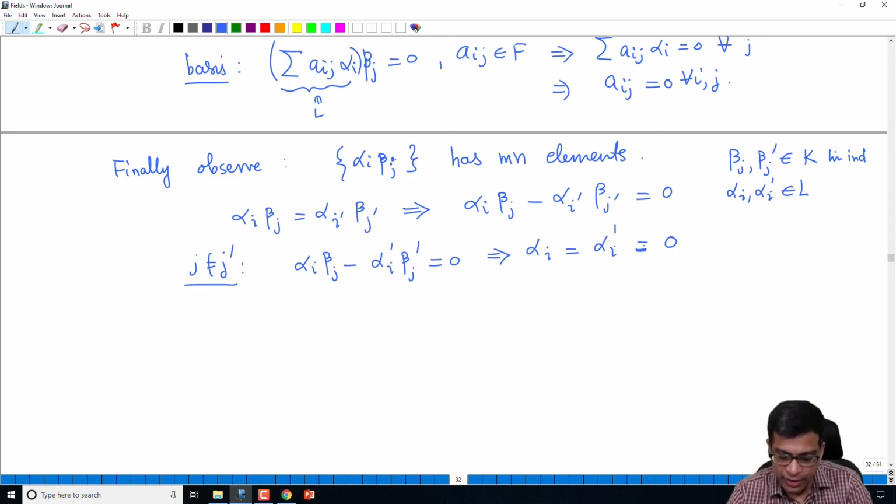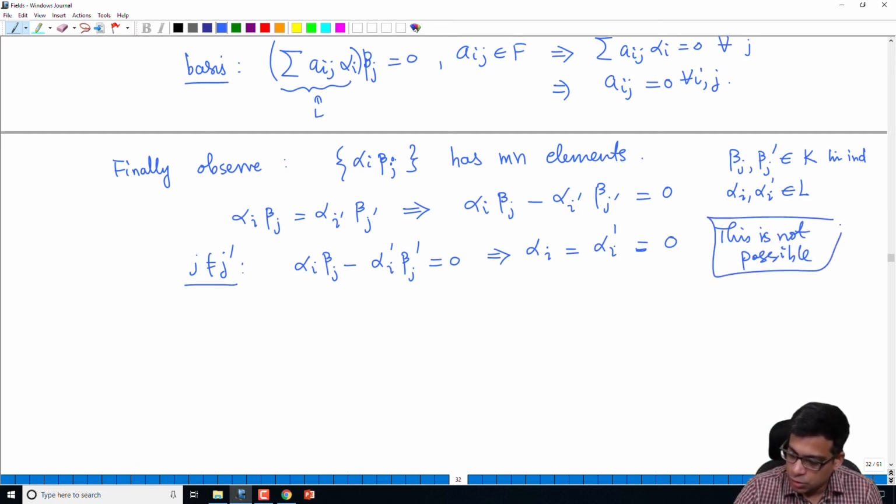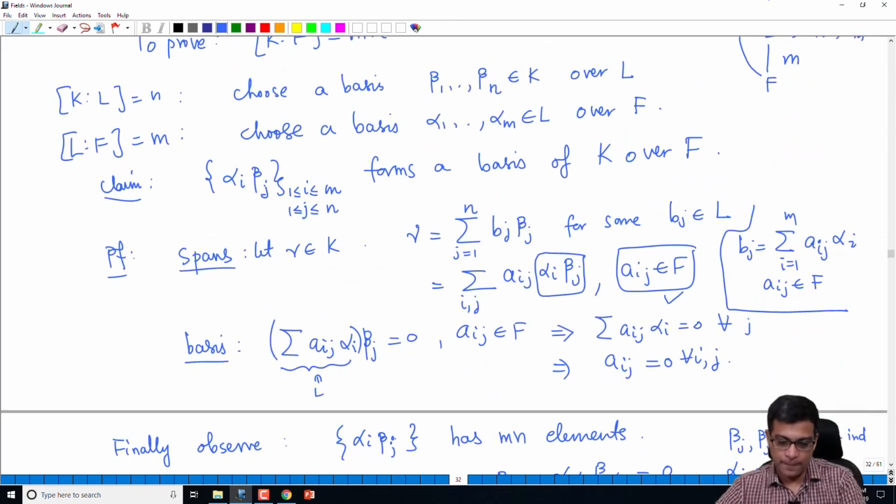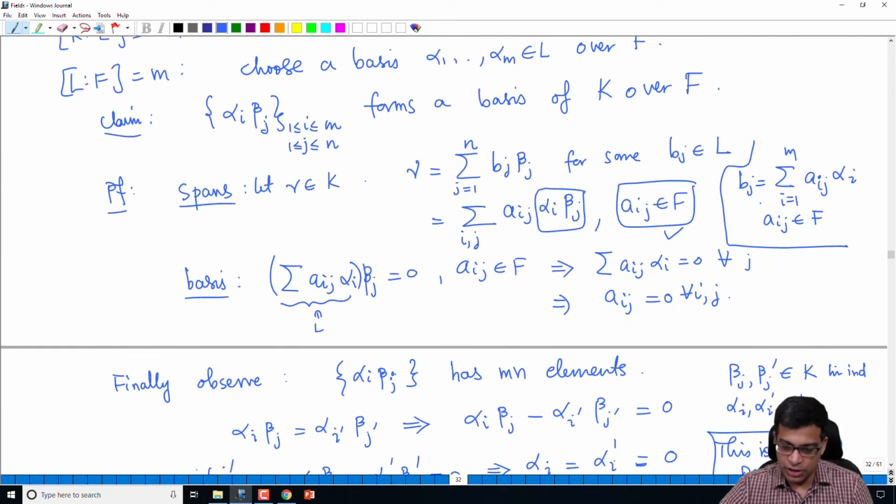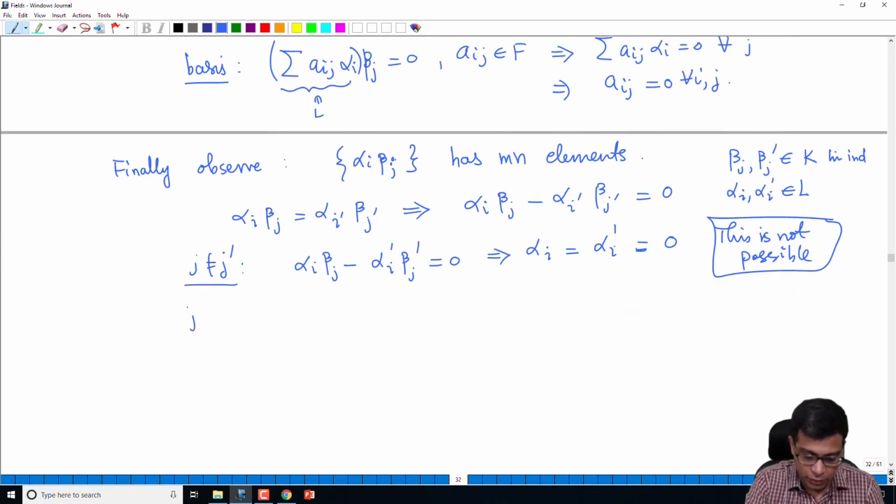Because we have a linear relation between two different independent vectors. That means the coefficients must be 0, but this is not possible. Why is it not possible? This is not possible because alpha i's are also basis elements, right? So they can't be 0. So this implies that j has to be equal to j'.